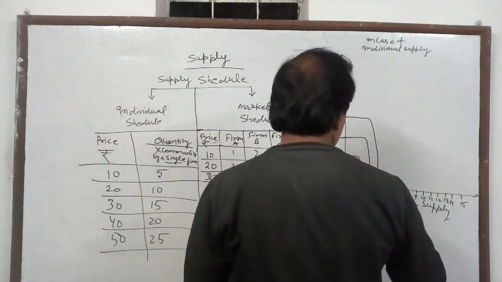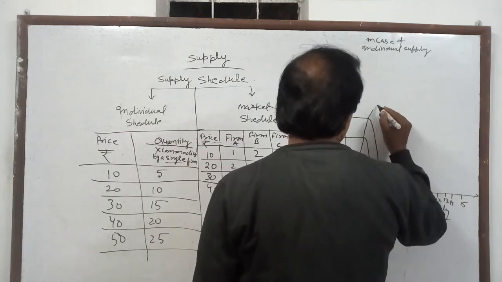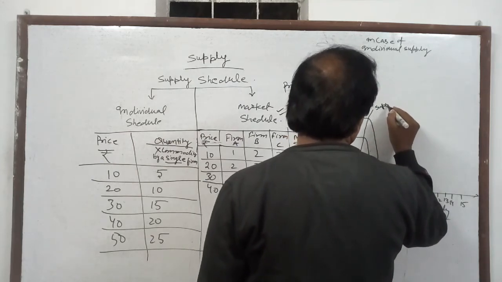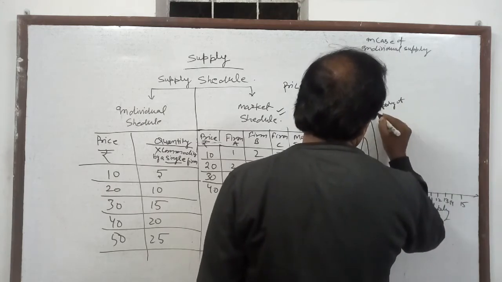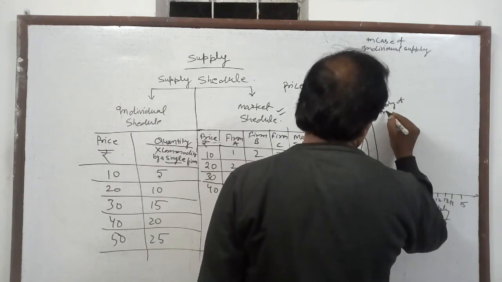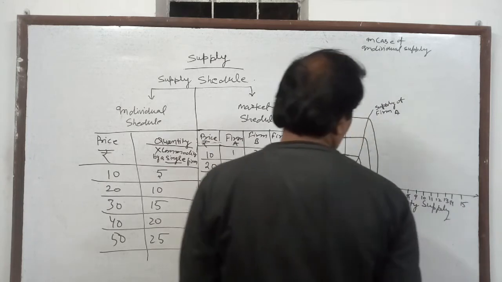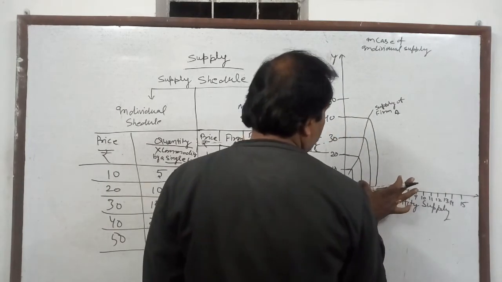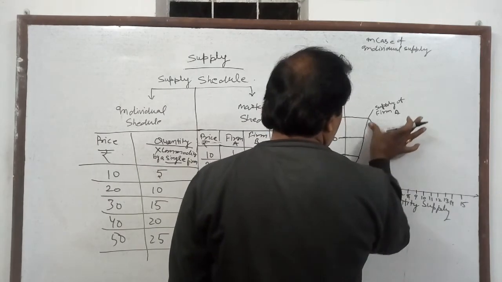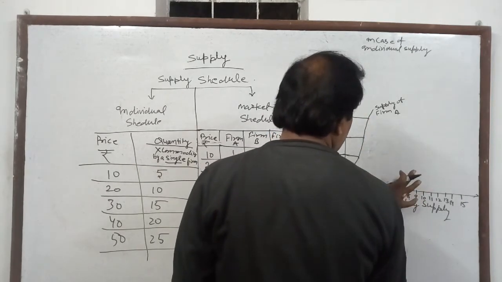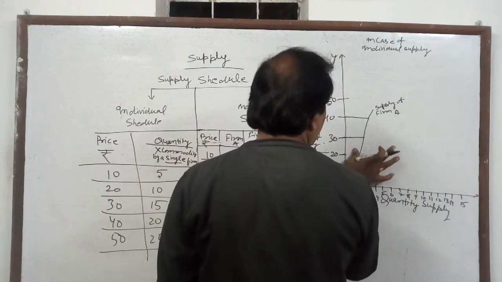So in this way you find the supply of firm A. Now just remove this line and you will find the supply line of firm A.